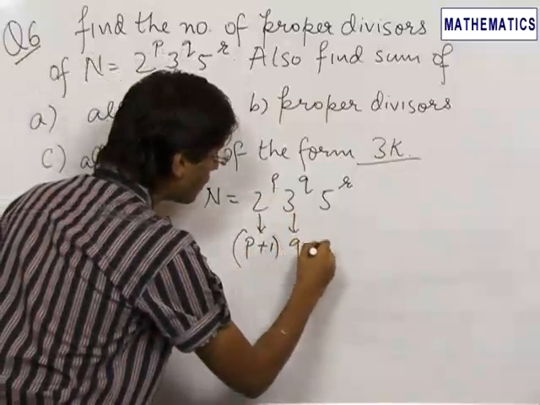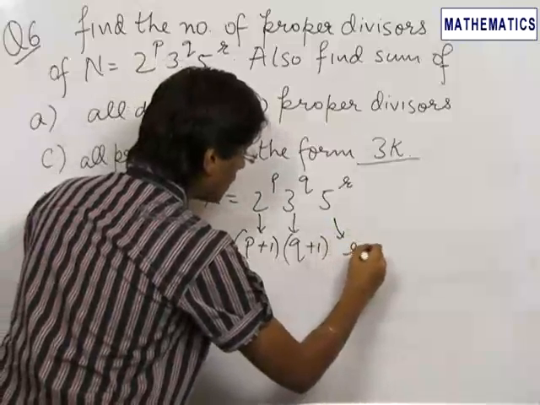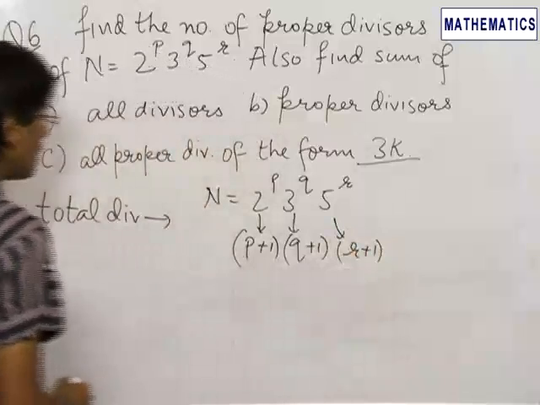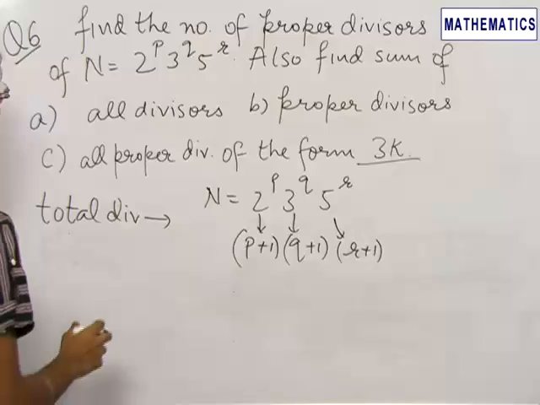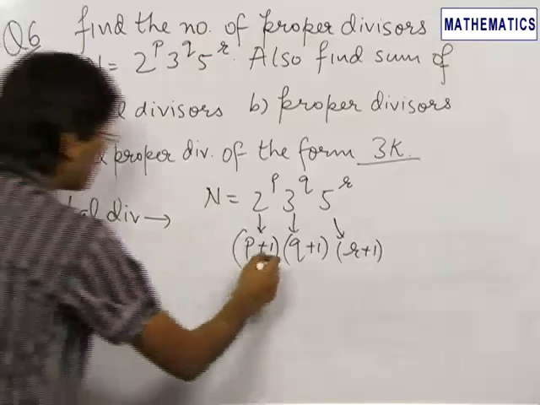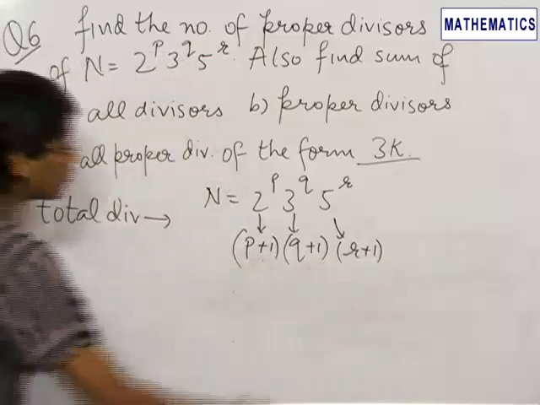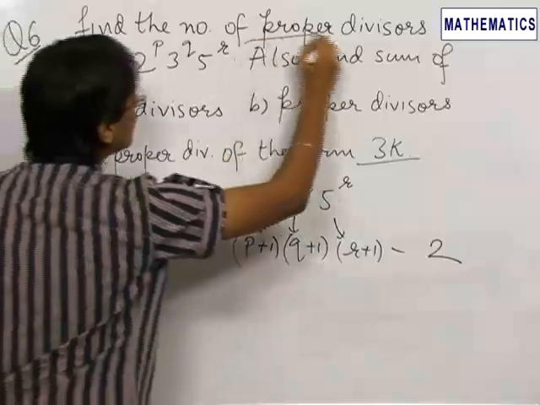Similarly, there are q plus 1 ways of selecting 3, and there are r plus 1 ways of selecting 5. Hence the total number of ways of making a divisor for this number is p plus 1 into q plus 1 into r plus 1, but we have to subtract this 2 in order to find the total number of proper divisors.